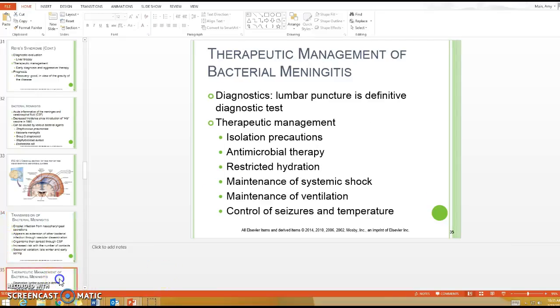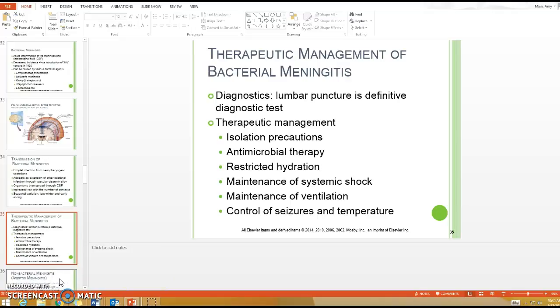Okay. So how is bacterial meningitis managed? Well, first off, if a patient is presenting in a clinic or as an inpatient, they are placed in isolation, in contact and droplet isolation.